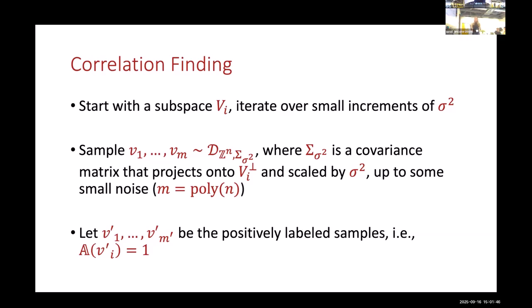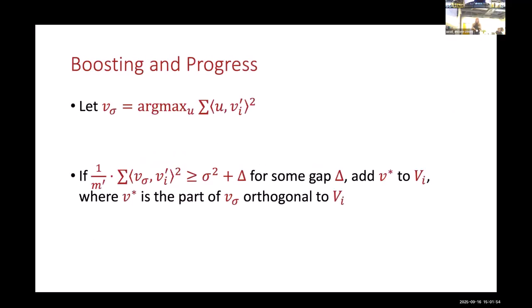Then we compile all of the examples that the algorithm said yes on. The algorithm needs to decide: is the norm very large or is it very small? After finding all of the weakly correlated vectors, the algorithm puts all of the vectors into a matrix and finds the top right singular vector of that matrix. This will be V sigma, and this vector will be very close to being in the row span of A.